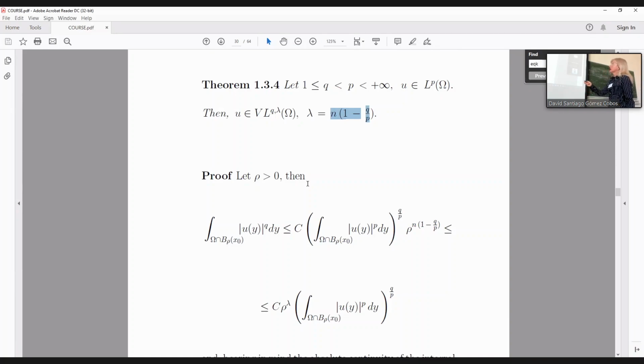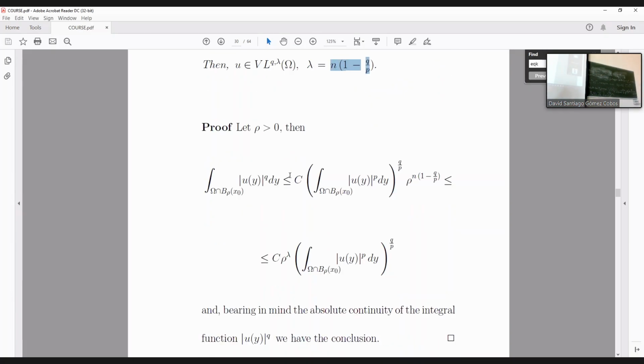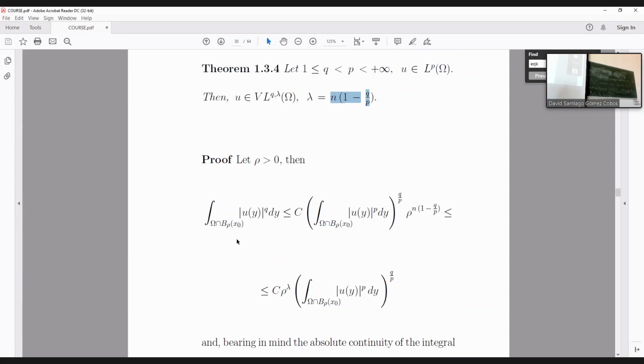Then, as I said, this is exactly lambda, so we have obtained that this is less or equal to rho lambda times the integral in omega cap B x0 rho of u p, to the power q over p. This is nothing else than, bearing in mind the absolute continuity of the integral of u with exponent q, that we arrive at the conclusion. Then we also have the relation between a Morrey class and the Lebesgue class and the vanishing one.